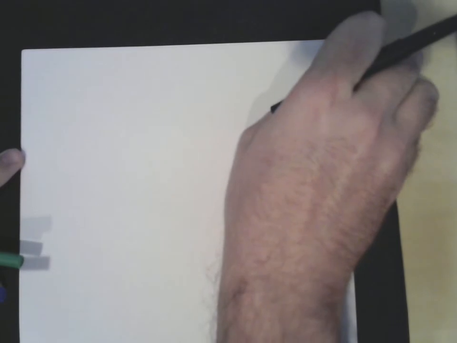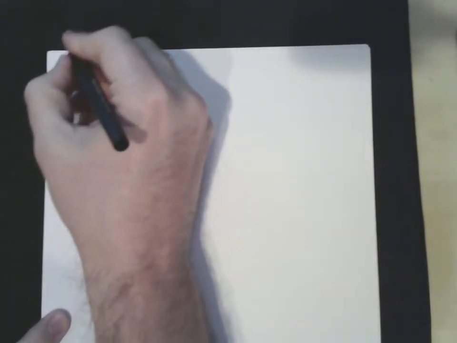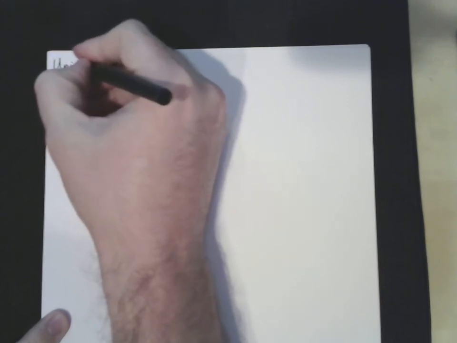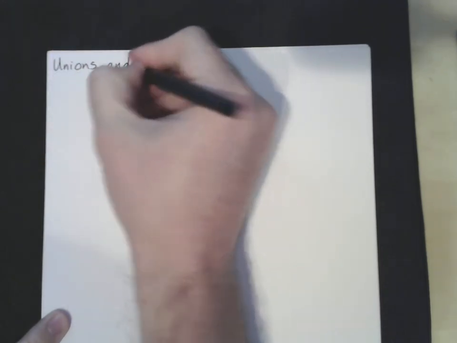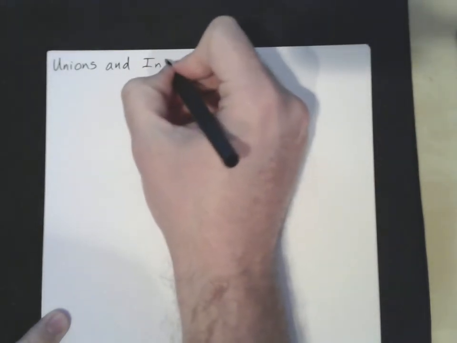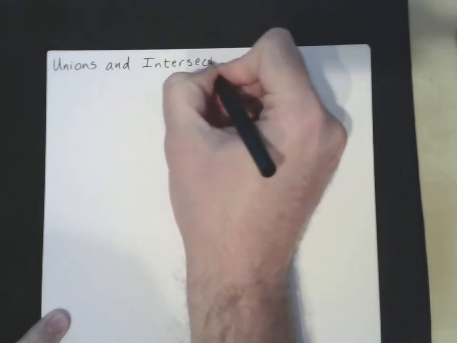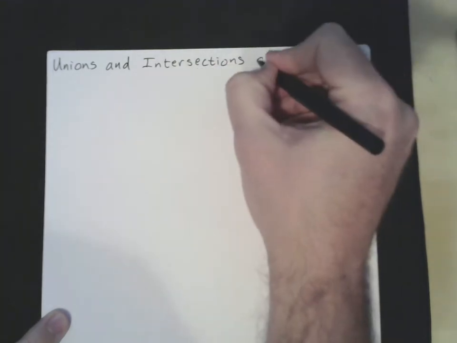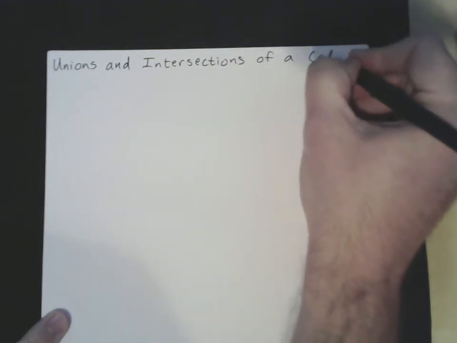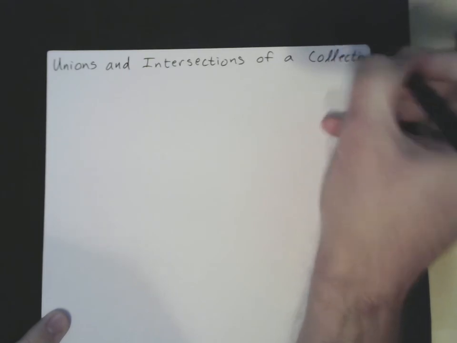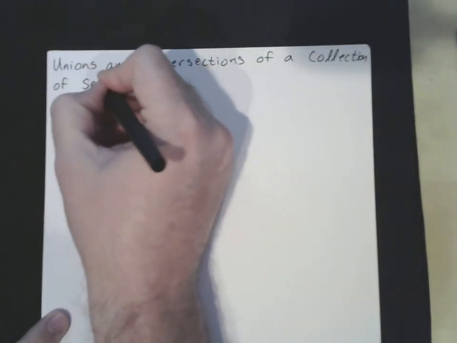The next thing we want to talk about is collections of sets. So creating unions and intersections of collections. Unions and intersections of sets.